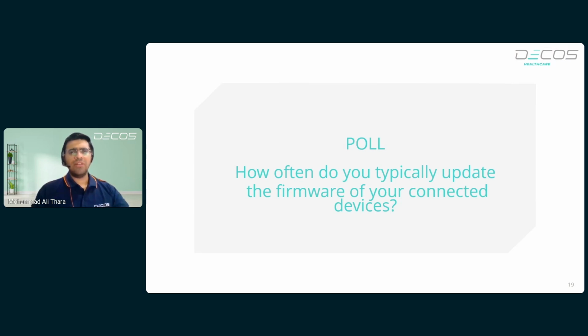Speaking about the answer, there's no single correct answer here, as the ideal frequency depends on the device type, the industry, and specific use cases. But still, let me try to help you with the answer. Quarterly updates are often preferred for balanced security and minimal disruptions.